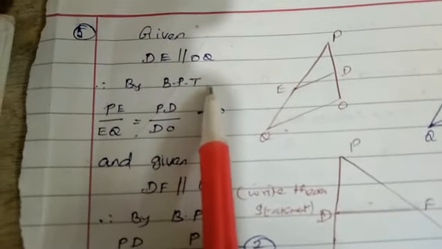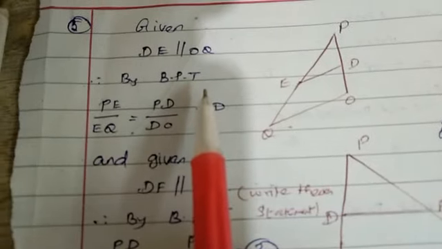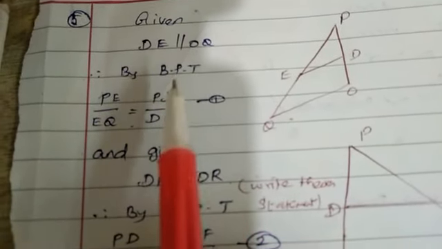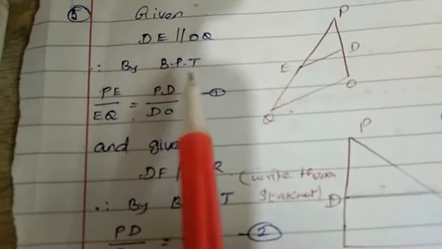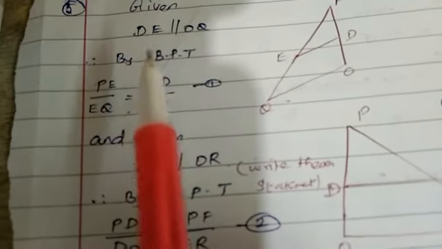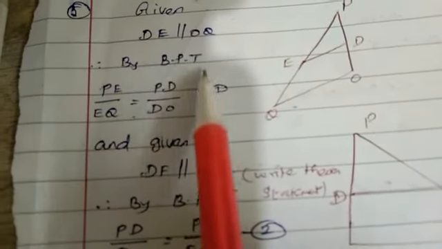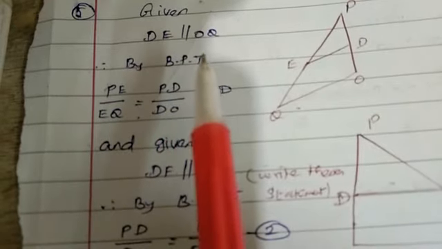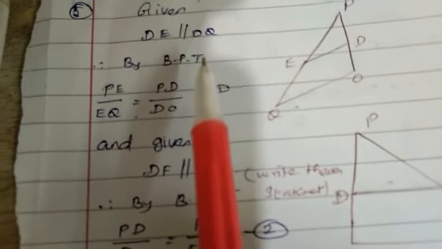Don't write theorem 6.1, theorem 6.2 like that; just write the statement. The same applies if you use the converse of the basic proportionality theorem.